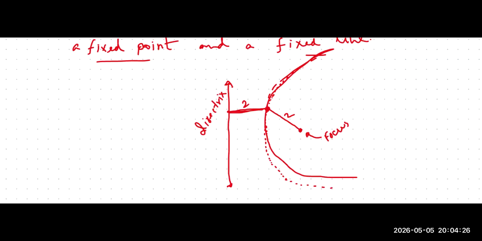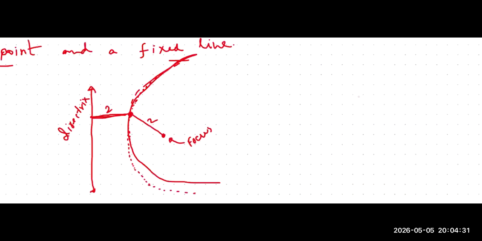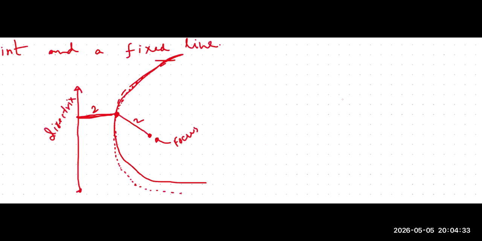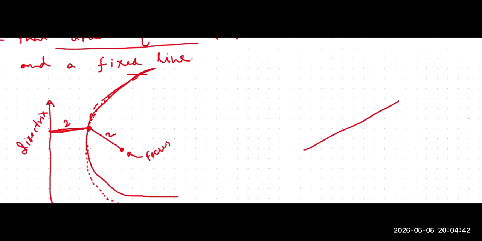Okay, so one more idea is needed in this case, that is perpendicular distance from a line. Let's say this is a line and equation of this line is ax plus by plus c equal to 0. And we want to calculate perpendicular distance from any point x naught comma y naught to this line.